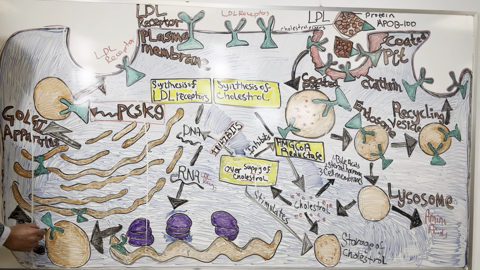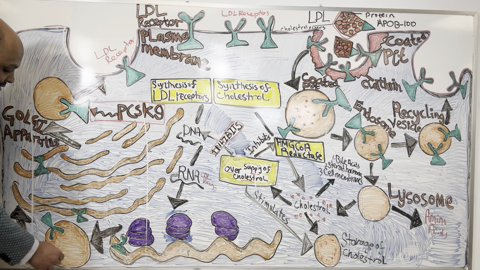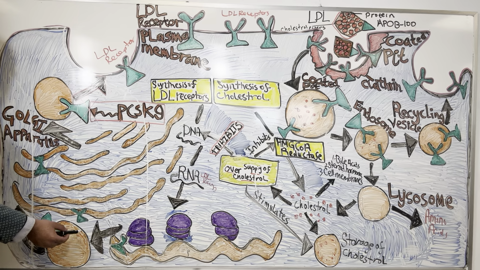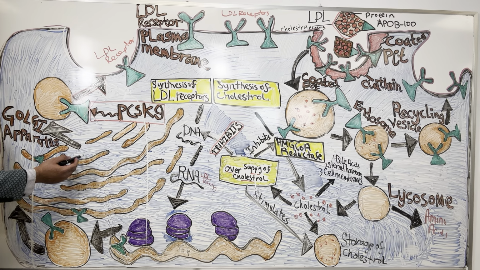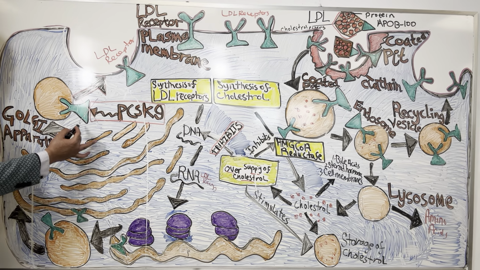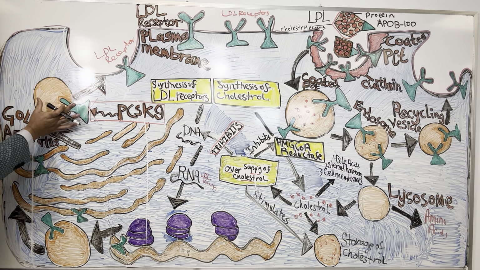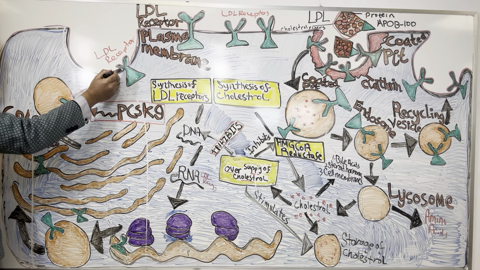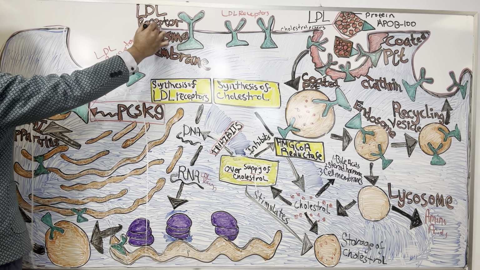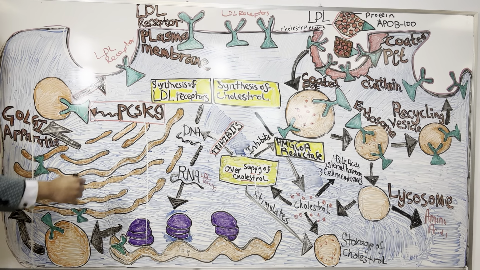You see really well here that these vesicles containing the LDL receptor are taken into the Golgi body, and the Golgi body performs exocytosis, bringing out the LDL receptors and plucking them on the plasma membrane of the cell.